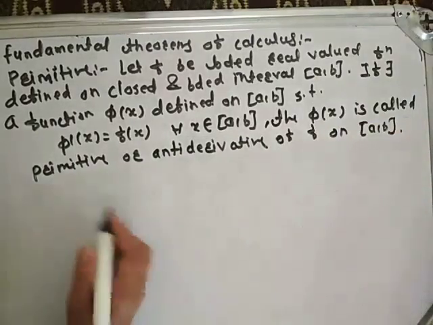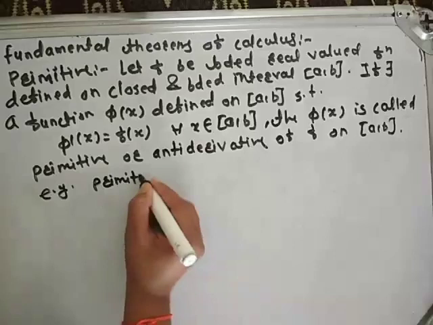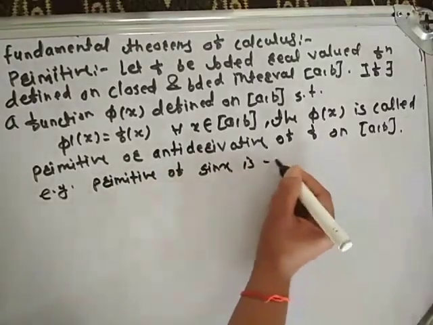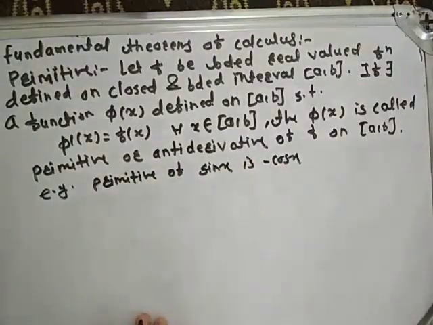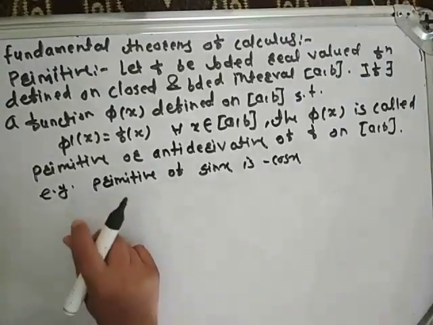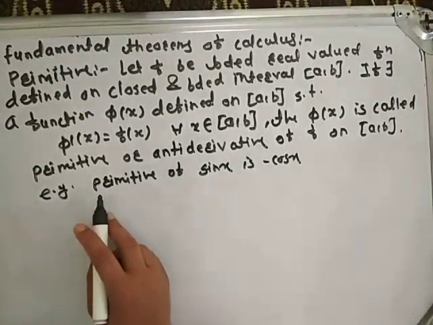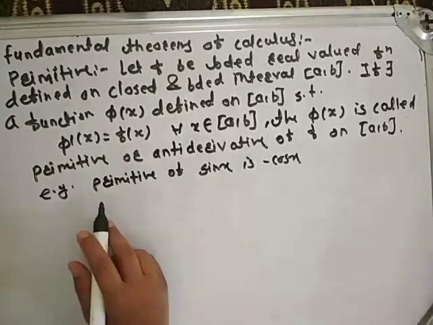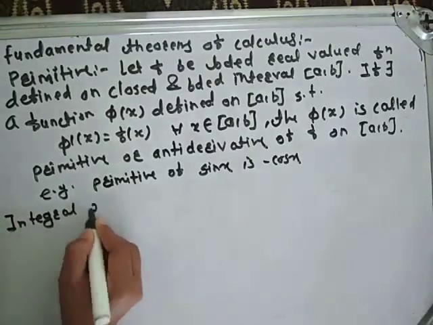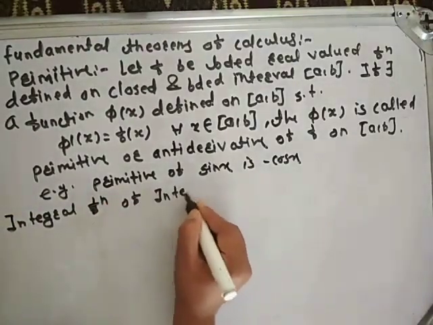For example, the primitive or integral of sin x is minus cos x. Primitive means what? It is the integral of a function. Next definition, integral function of an integrable function.